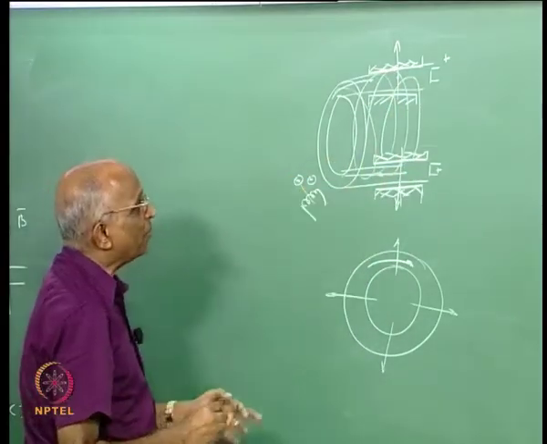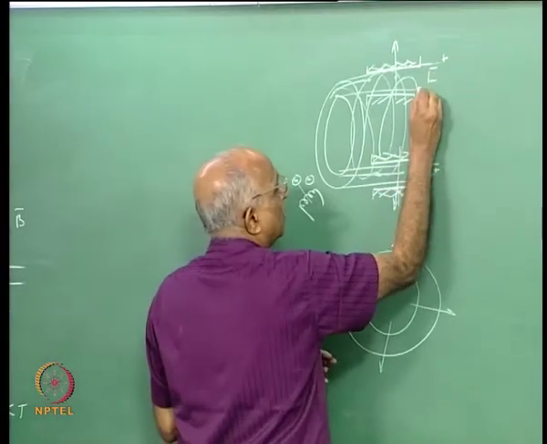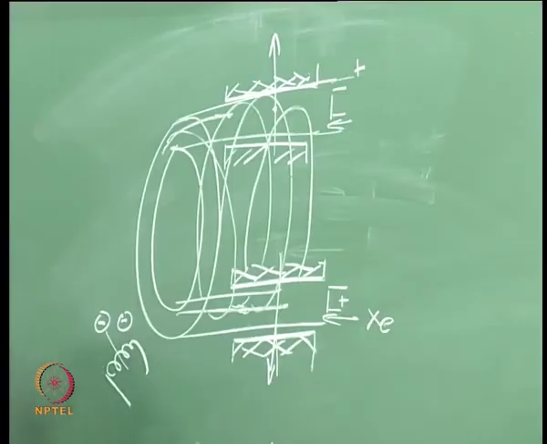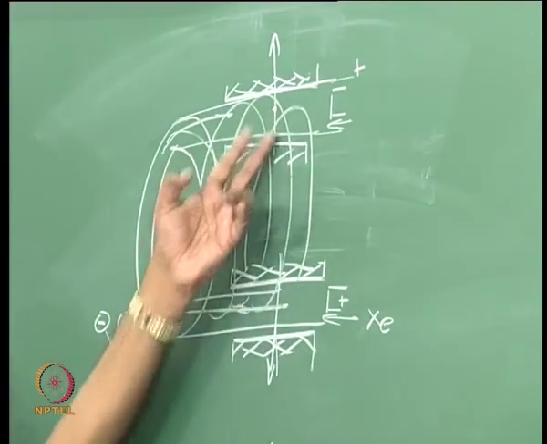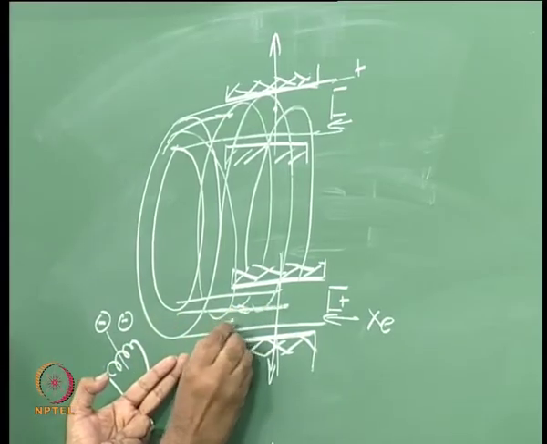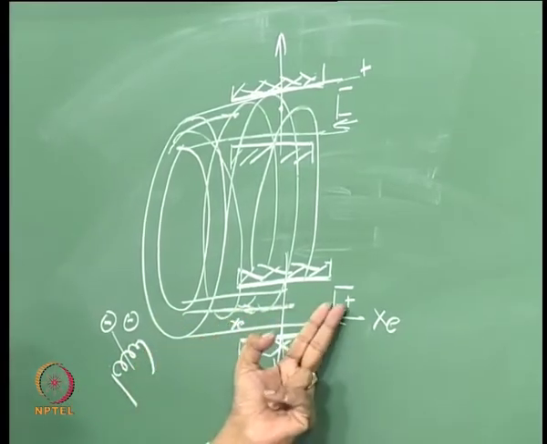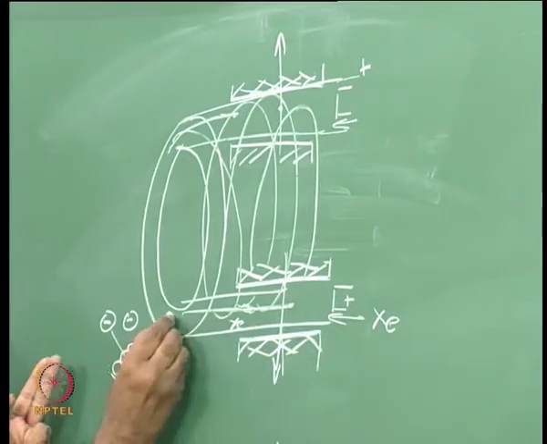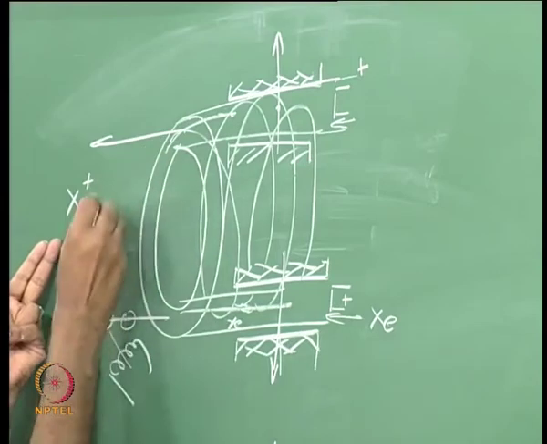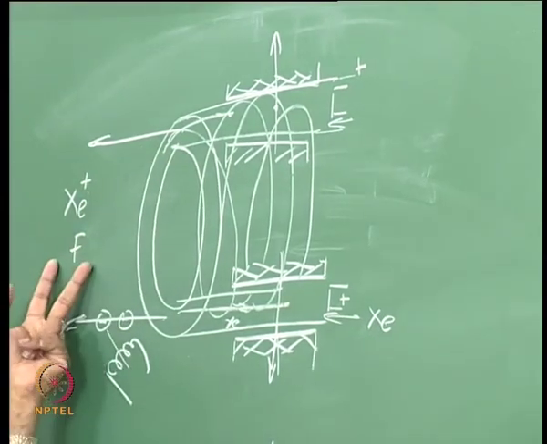When the electrons are spiraling here, through this I admit the xenon gas, and the xenon gas, when it comes into the spiraling electrons, is going to collide and generate positive charges, and these positive charges will be pushed by the positive anode, and I get a net flow of xenon positive ions, and this gives me the thrust.